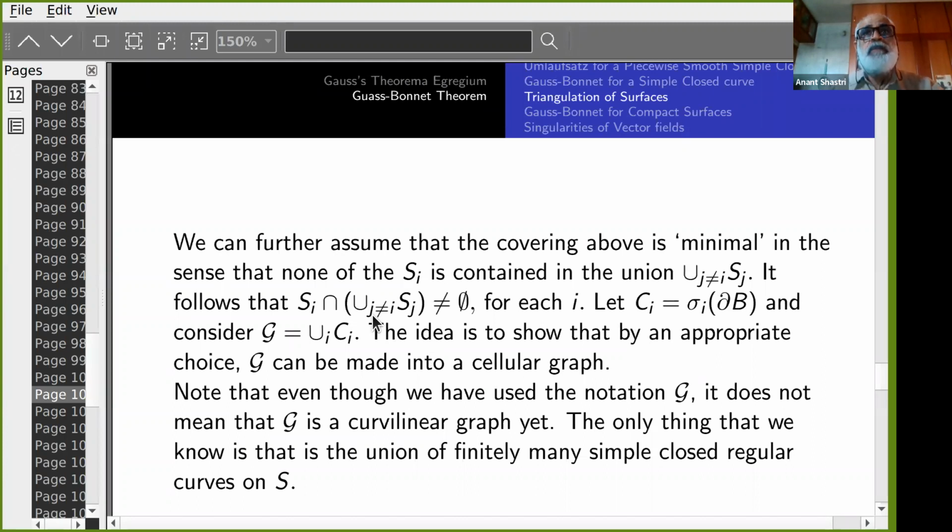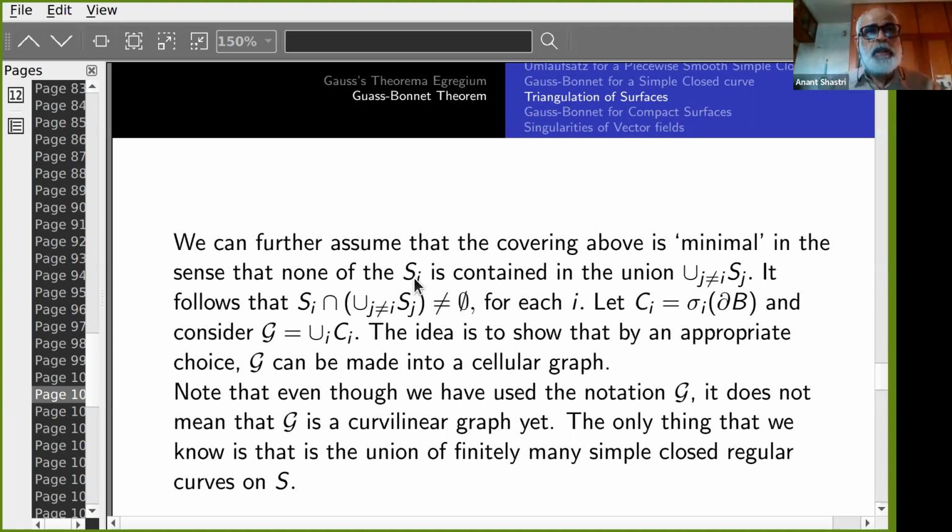Immediately it follows that if you take one surface patch and the union of all other surface patches, the intersection must be non-empty. If that is not the case, then this one will be separate and the rest of them will be separate, and first of all, they will be disjoint. So right in the beginning, you can assume that the surface is connected, because if we prove the theorem for connected compact surfaces, then it will get proved for each component.